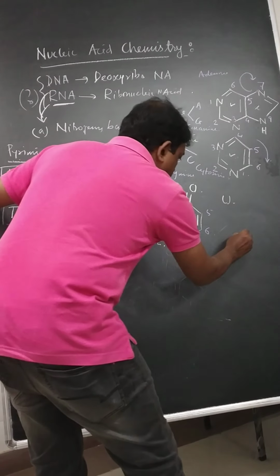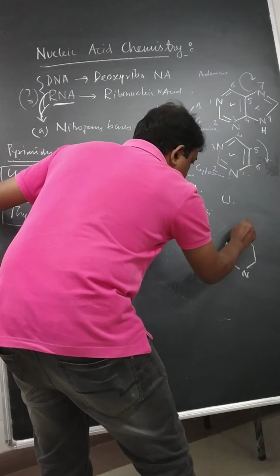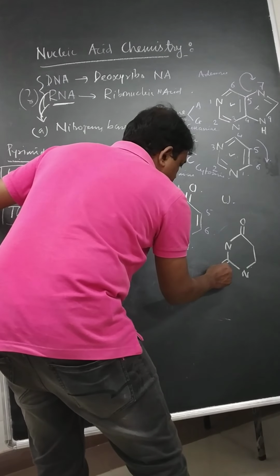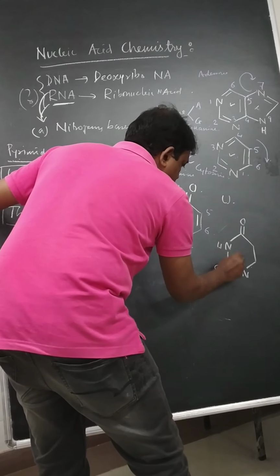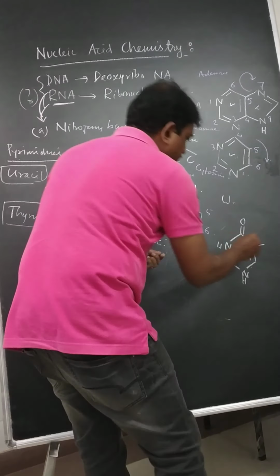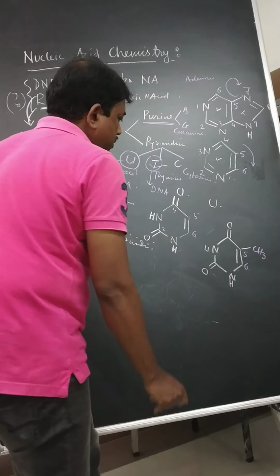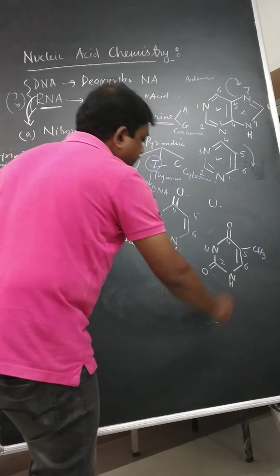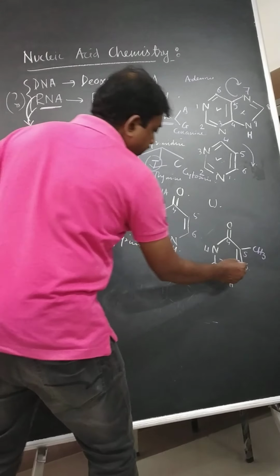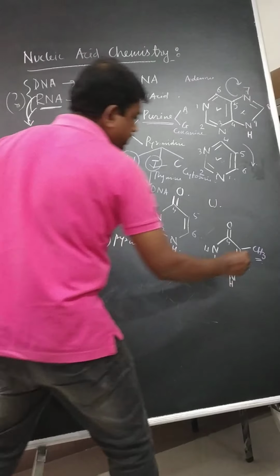Just similar to this structure. Only difference is that there is an extra CH3 group at the 5 position. So at the 2 position and the 4 position there is dioxo, and at the 5 position there is an extra methyl group. So this is the thymine, simply written as T.